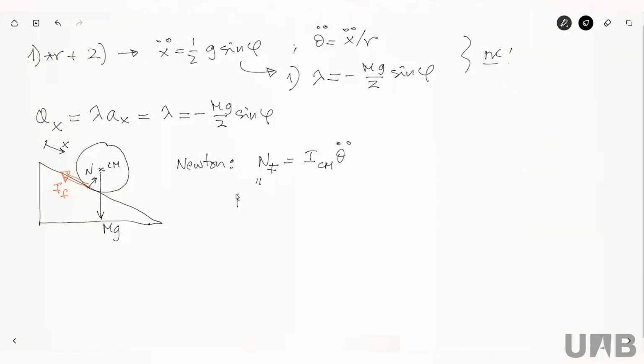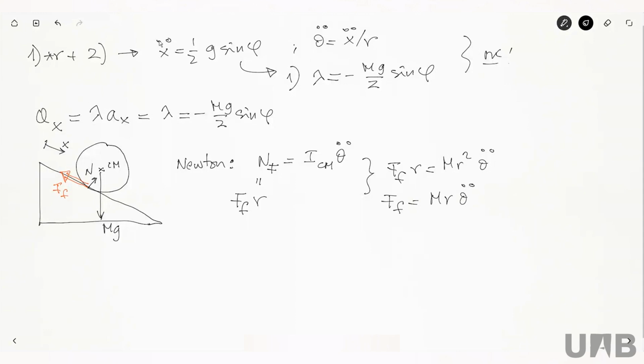So this is the force of friction times the distance between the point of contact and the center of mass, and that's what we call R, the radius. So the force of friction times R has to be the moment of inertia, which we said is mr squared, times theta double dot. So the force of friction, of course, is mr theta double dot. But I already know what theta double dot is.